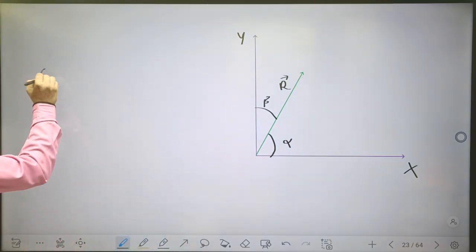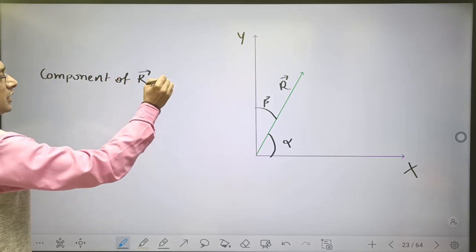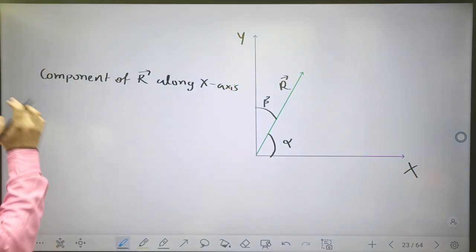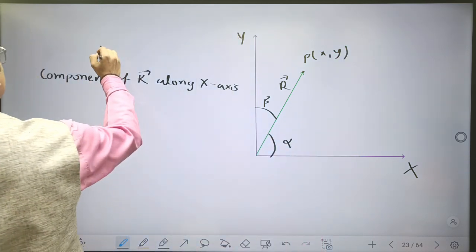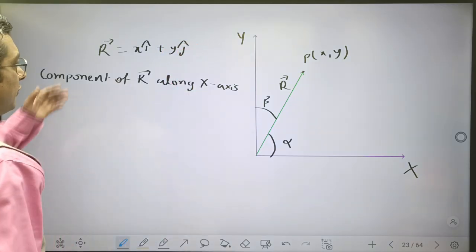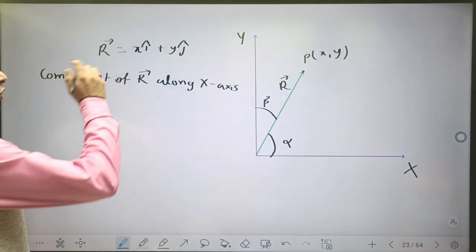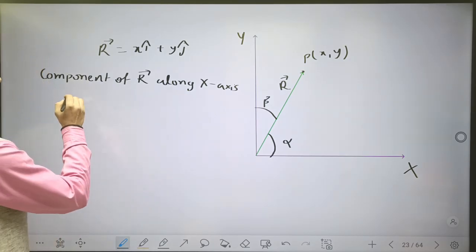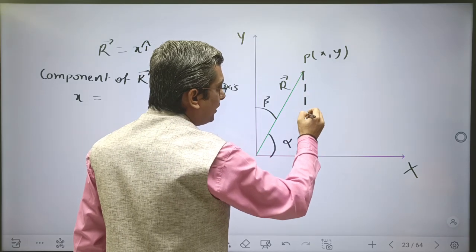Now if I write the component of vector r along the x axis, let us suppose this is point P having coordinates x, y. So r vector can also be written as x i cap plus y j cap. This we have learned earlier, isn't it? What is x? It is nothing but the component of vector r along the x axis, and this x is also given by, so what we do, we drop a perpendicular.